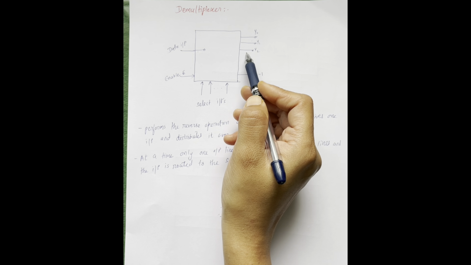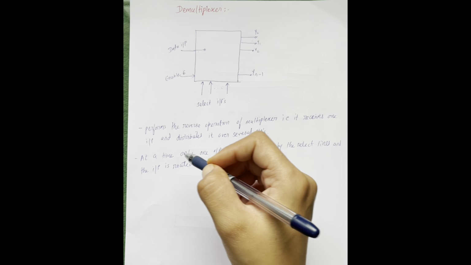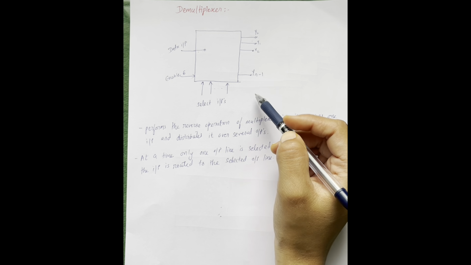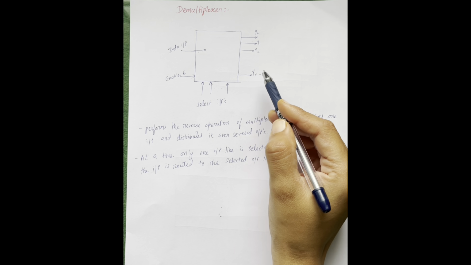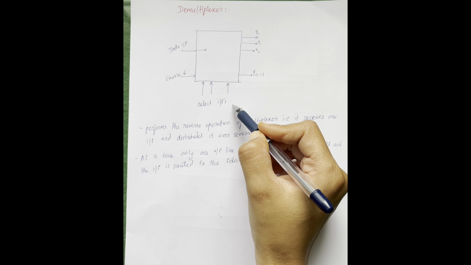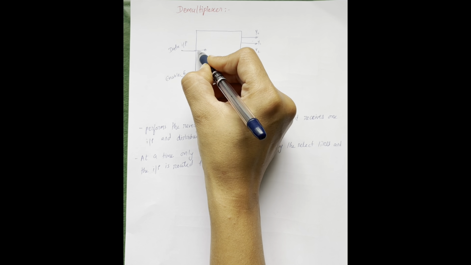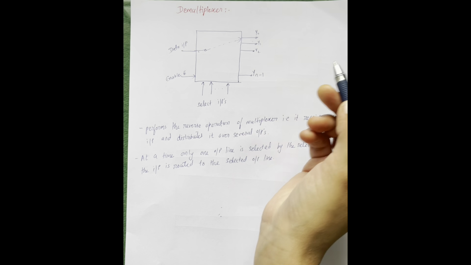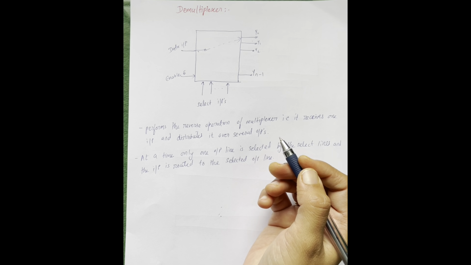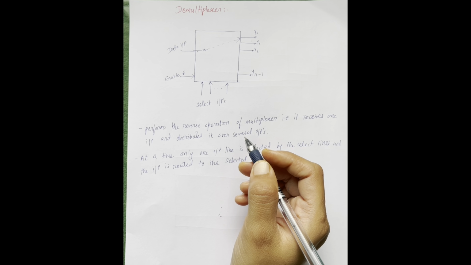But as I told you, demultiplexer performs the reverse operation, so among the number of output lines, only a single output line will be selected by the select input lines, and the input will be routed to that selected output line, right? That is the way to perform the operation in demultiplexer.